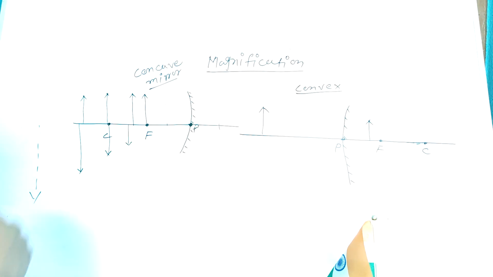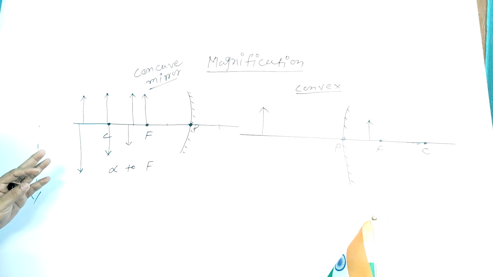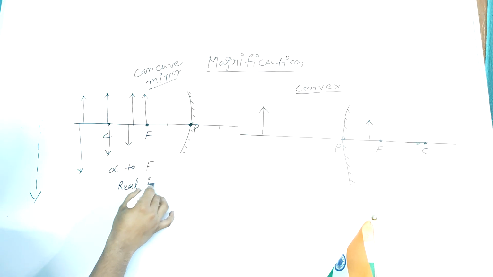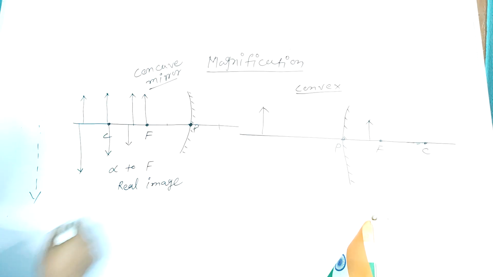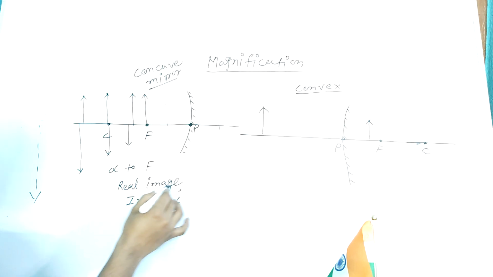So if the position of the object is infinity to F, then we get a real image, and it is inverted.